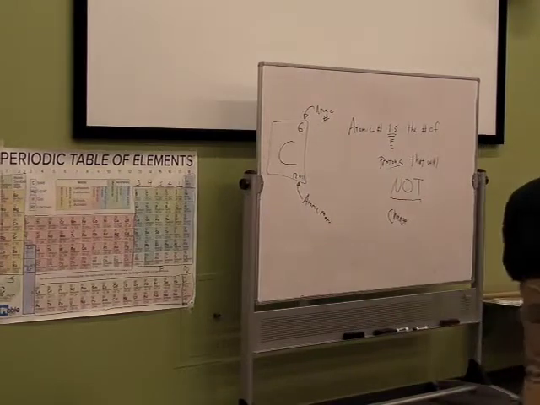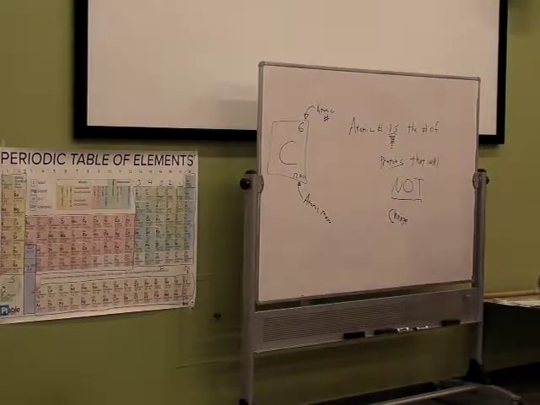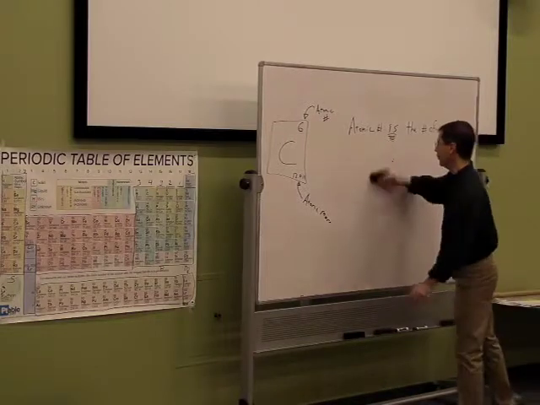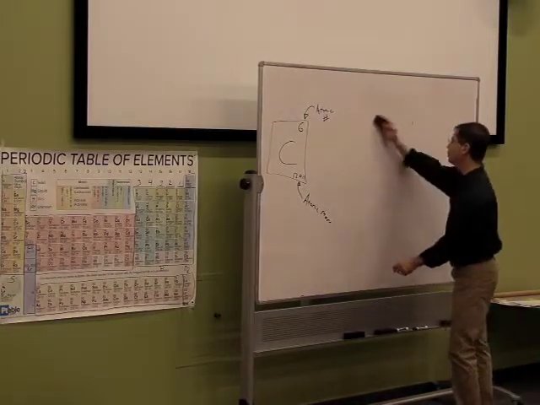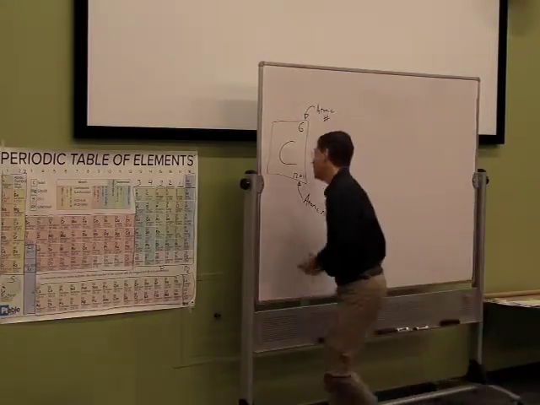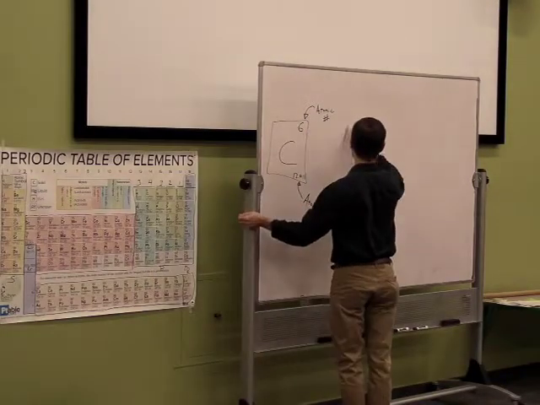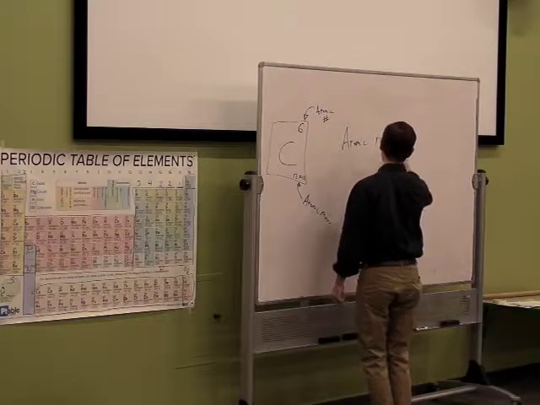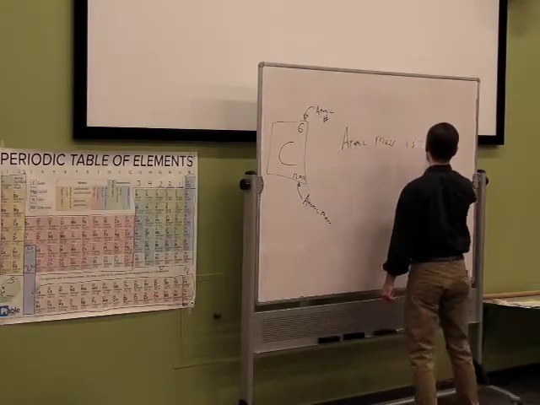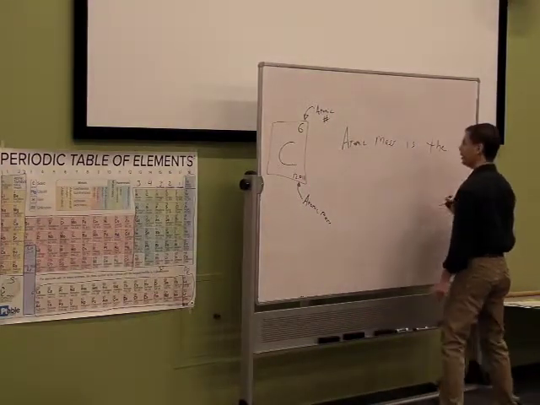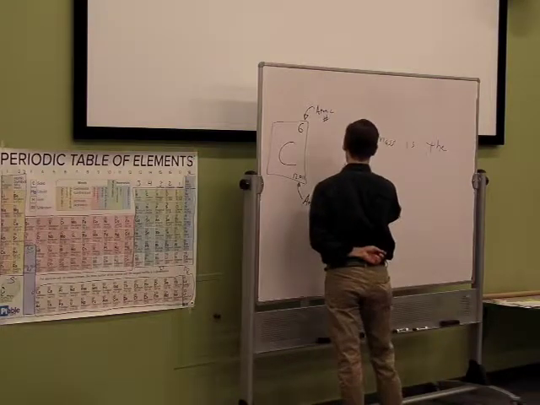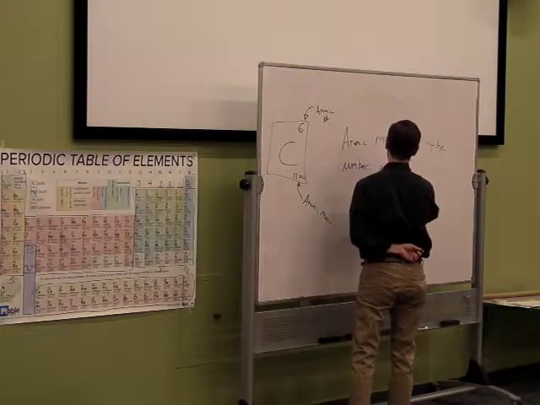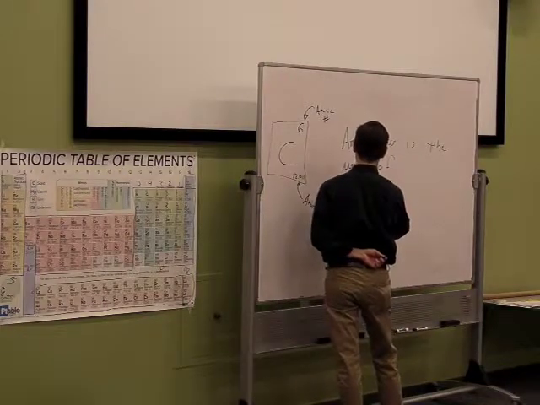Okay, so the atomic number is the number of protons. That will not change. That will always be the same. All right, now, let me erase this for a second. All right, the atomic mass. Atomic mass is the number of protons.